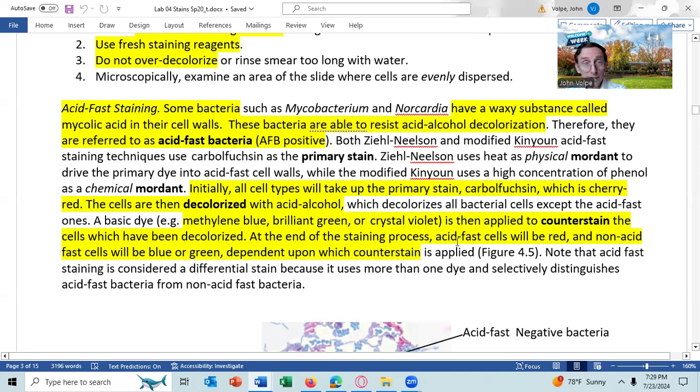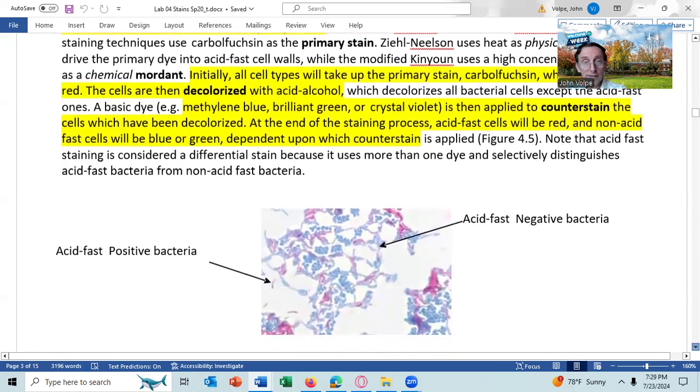The non-acid-fast cells will stain either blue or green, depending on the color of the counterstain. The acid-fast stain is a differential stain because it uses two dyes to selectively distinguish between the acid-fast and the non-acid-fast cells.